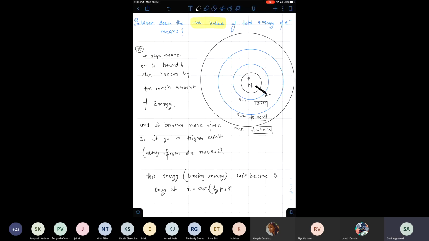So electron always remains bounded to the nucleus.